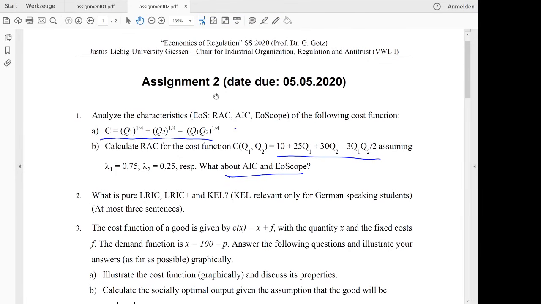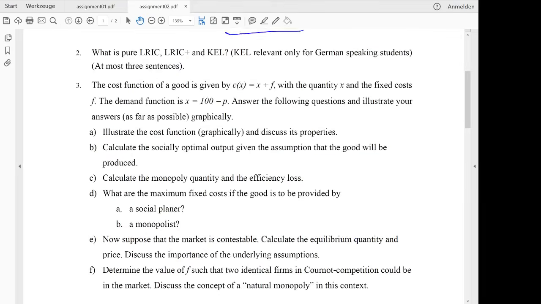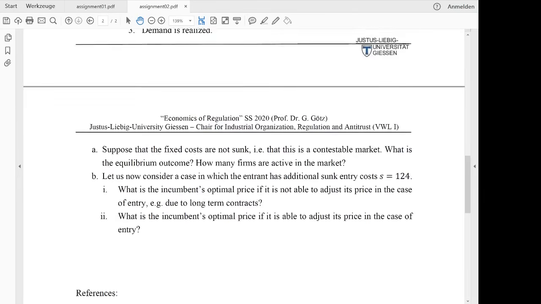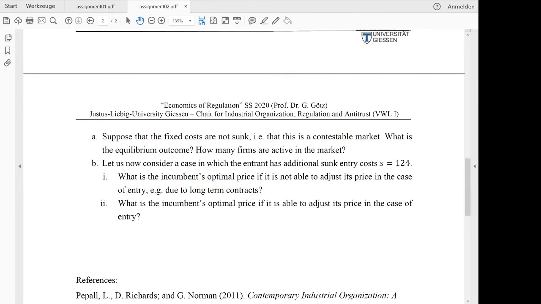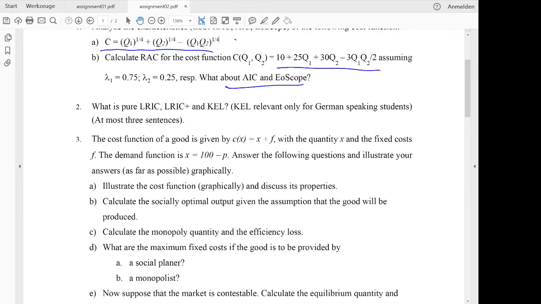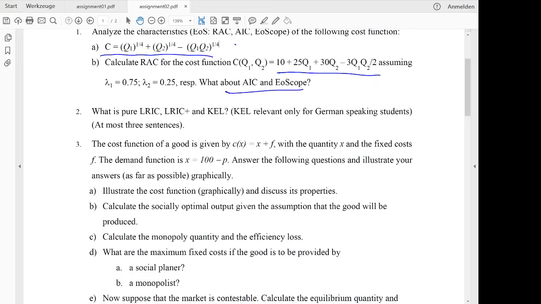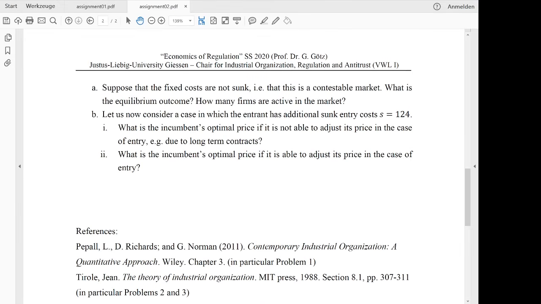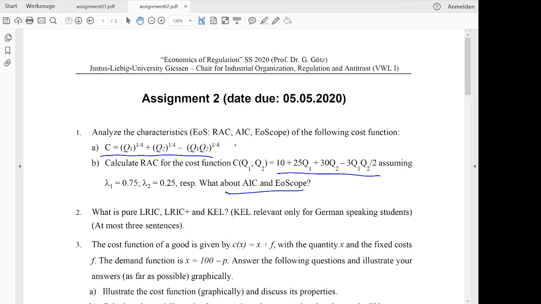So now going back to assignment 2, you should be able to discuss all the questions we have here. All the problem sets you'll find here, you will be able to discuss based on what I presented today.